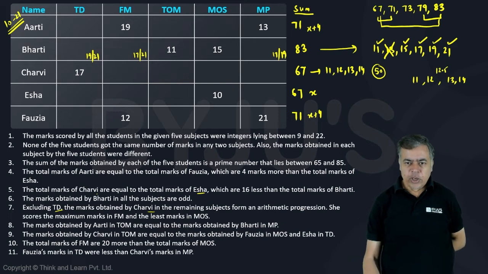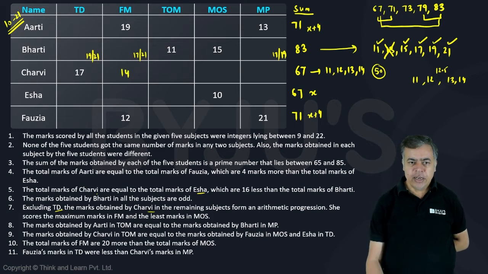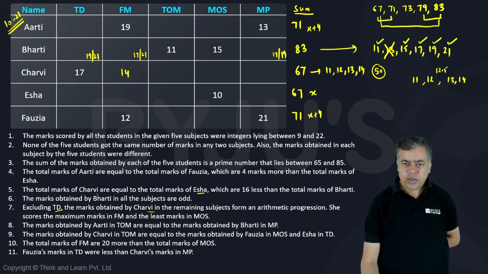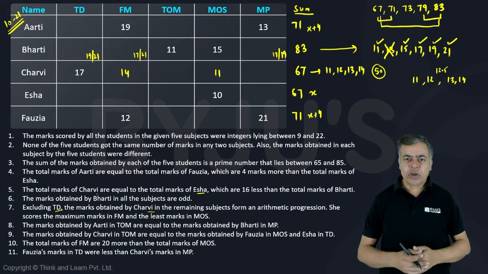Great, so we got some idea for Charvi also. She scores the maximum marks in FM and the least in MOS. So maximum in FM means 14 in FM, and MOS must be the least, that will be 11. 11, 12, 13, 14.